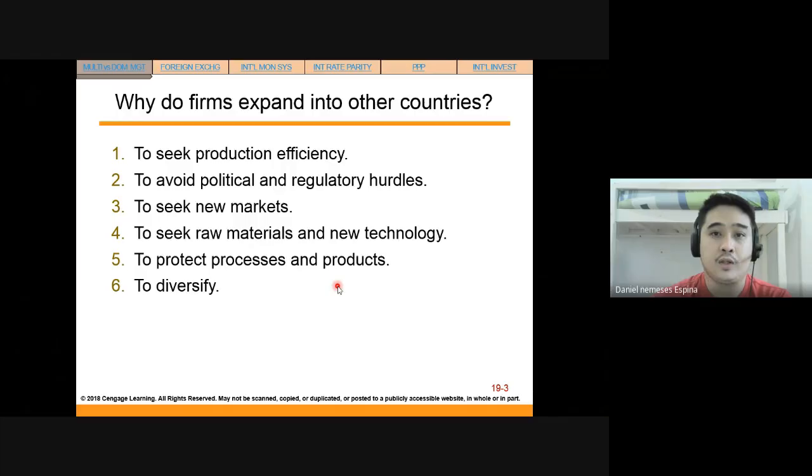So for example, if they want to not be affected by the bad economy inside their home country, let's say Philippines. Okay, so right now, the Philippines is experiencing badly in terms of economy.